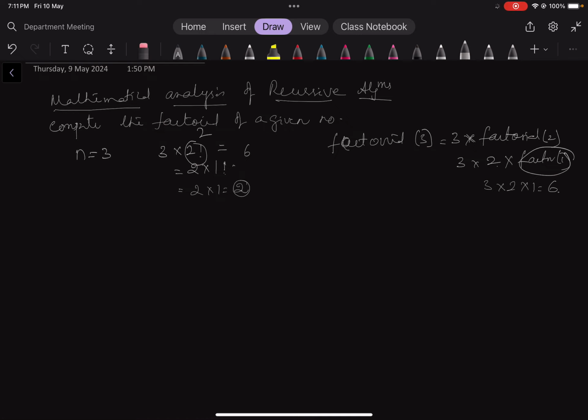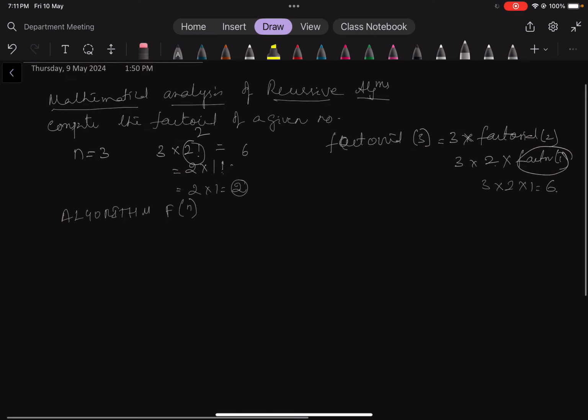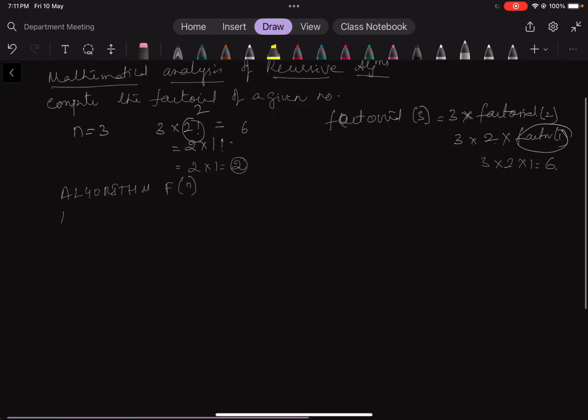Okay, so we can write the algorithm like this: Algorithm f, where f is the name of the factorial function and n is the number for which we are going to find the factorial. The description is: compute the value of n factorial.